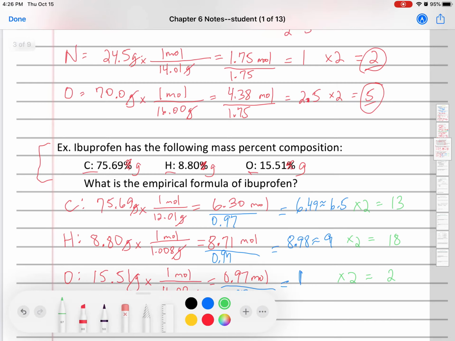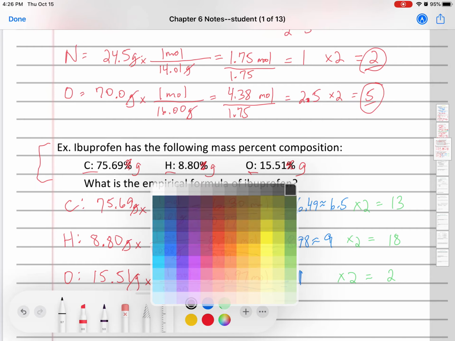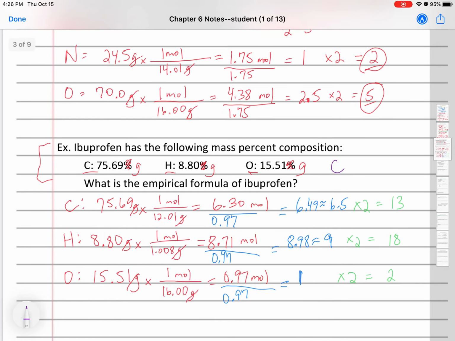So our empirical formula for ibuprofen is, let's do purple, carbon has a subscript of 13, hydrogen has a subscript of 18, and oxygen has a subscript of 2. These are the subscripts in our empirical formula.